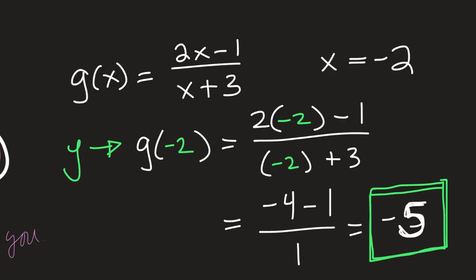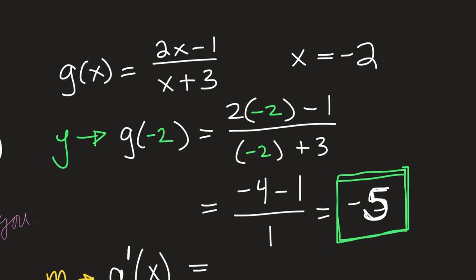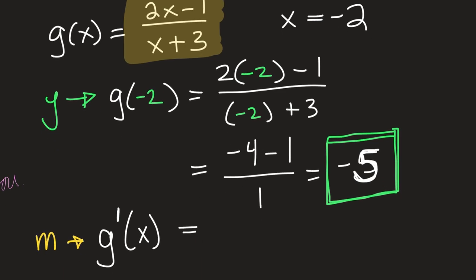Now we have to find our slope, and we find our slope by finding the derivative. So here's our function. This is a quotient function, written as a fraction, so we're going to use the quotient rule in order to take the derivative.